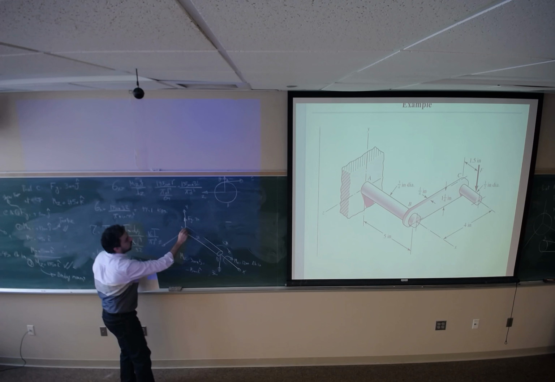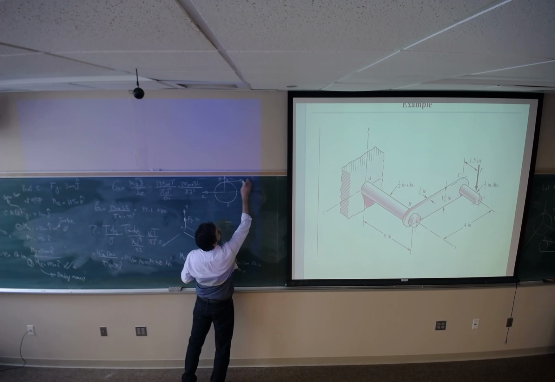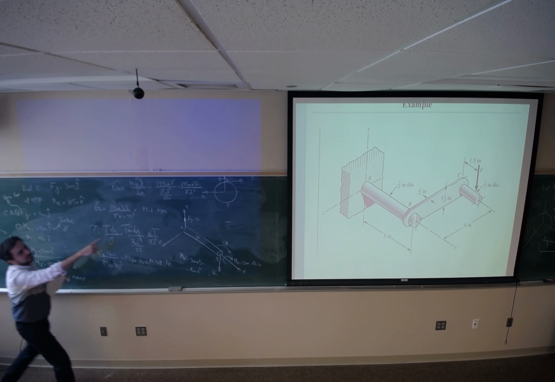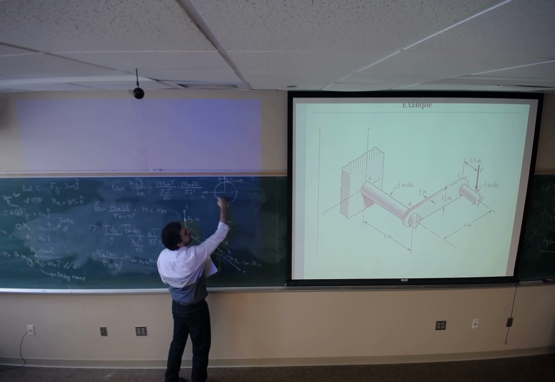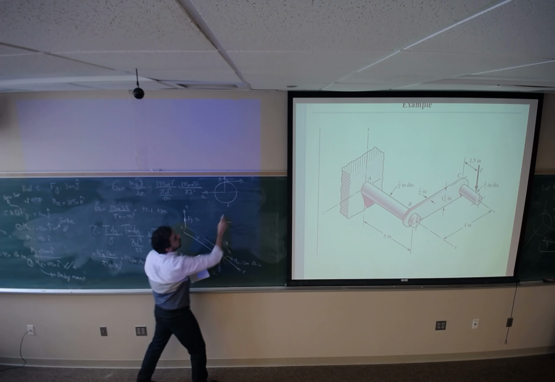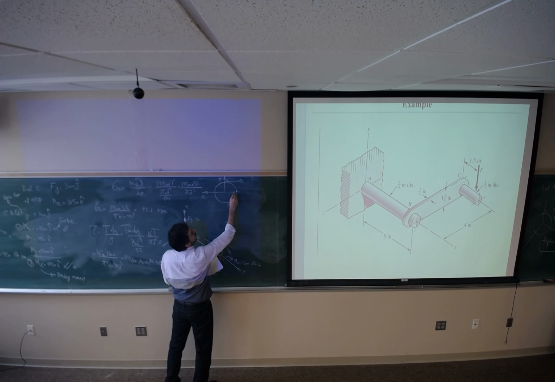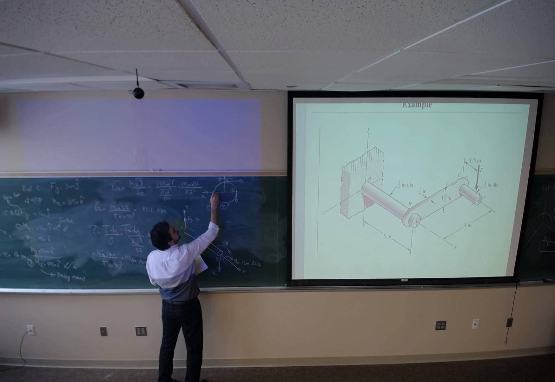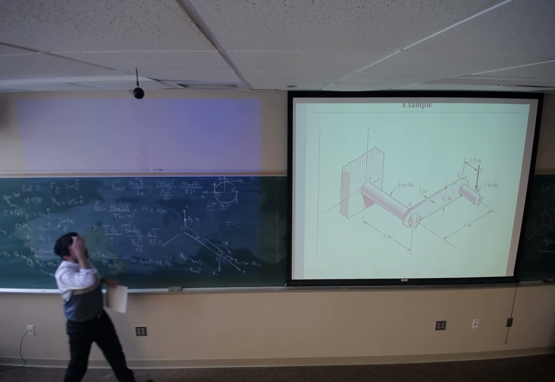So point A is going to go this way. It's going to rotate shaft AB in this direction. So for point 2, it's going to be downward. For point 3, tau is going to be this direction, and for point 4, it's going to go this direction.